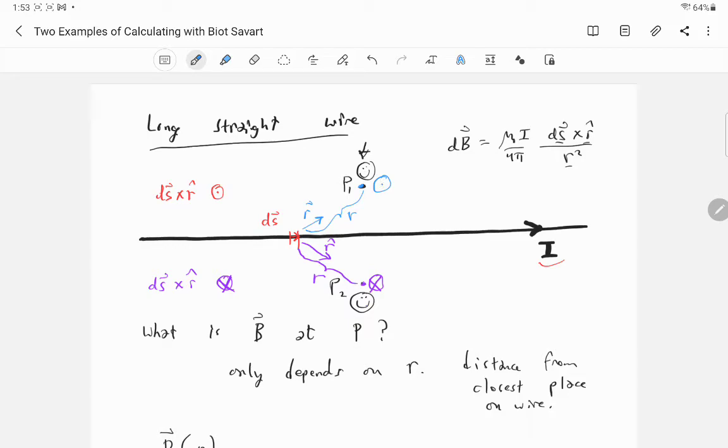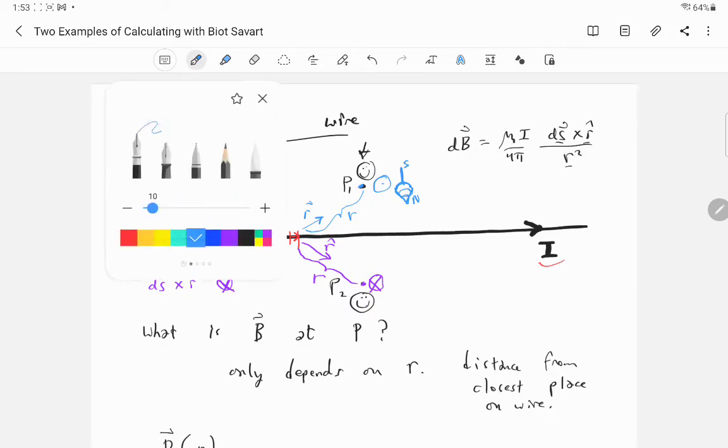That is, this person's little compass, their North Pole, let me draw that better. Their little compass is going to point out of the screen if they have a compass where this is the North Pole and the South Pole.